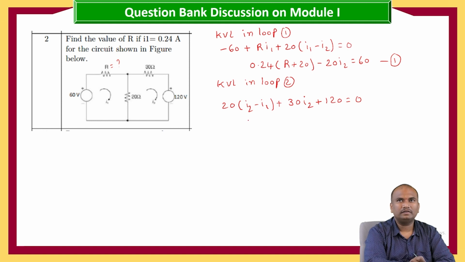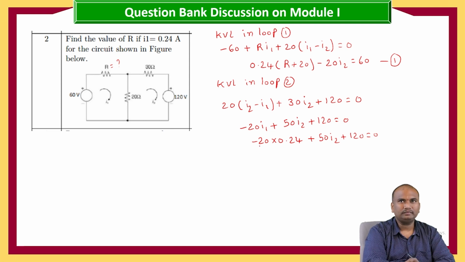That is minus 20 I1 plus 50 I2 plus 120 is equal to 0. That is minus 20 into 0.24 plus 50 I2 plus 120 is equal to 0.